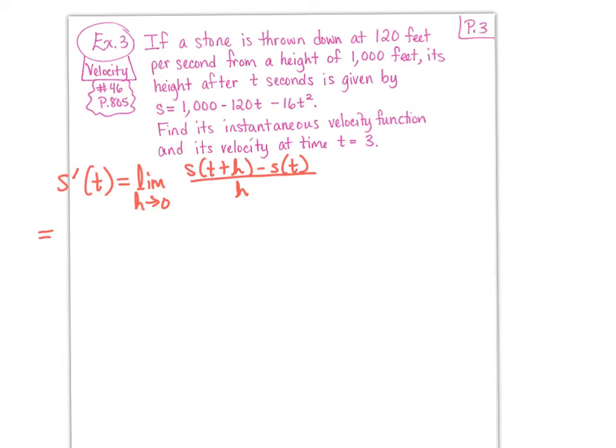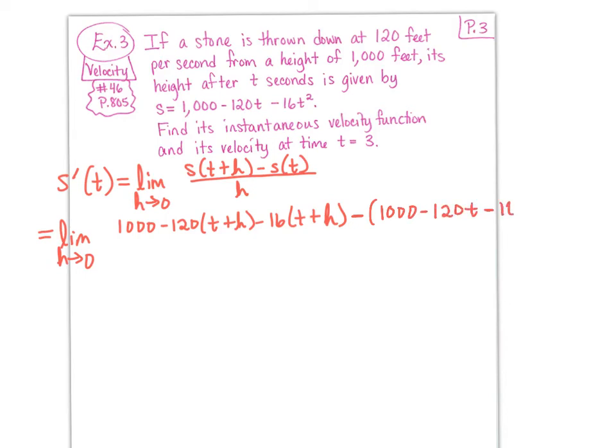So doing that, we have the limit as h approaches 0 of 1,000 minus 120 times the quantity t plus h minus 16 times the quantity t plus h. That's a t here. And then we're going to subtract from that s of t, which is just our function, 1,000 minus 120t minus 16t squared.